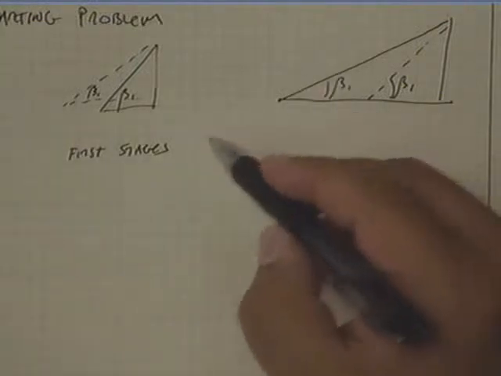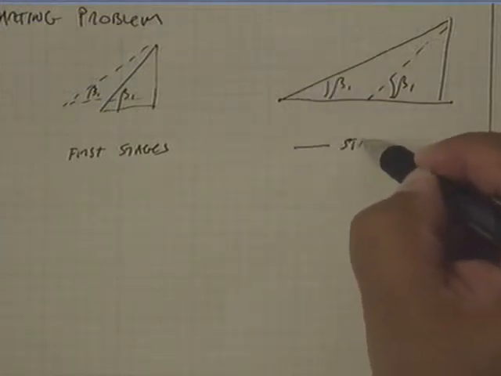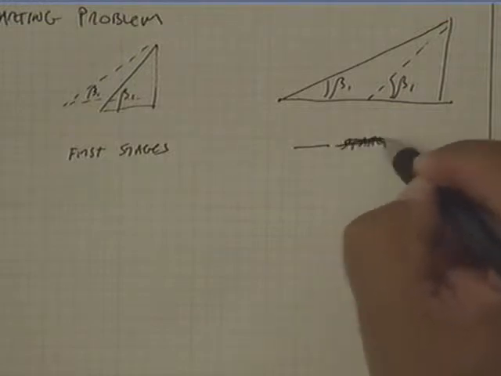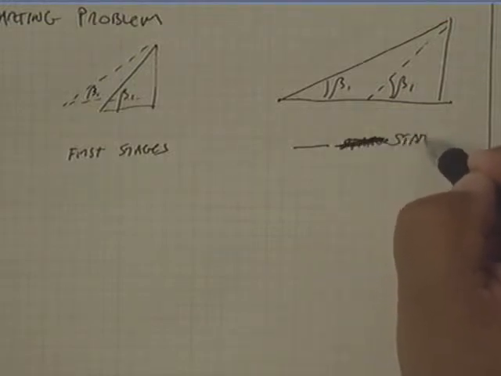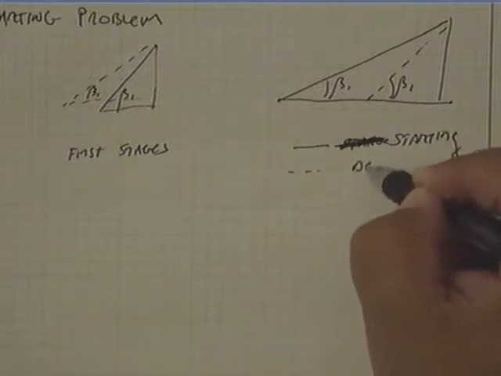So in this case, we'd have stationary, starting, and the dashed line would be design.